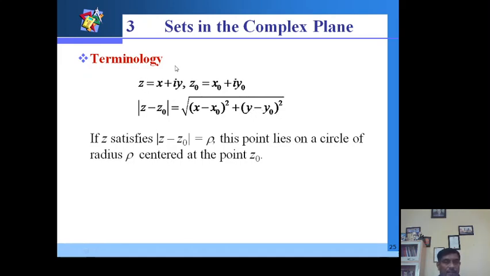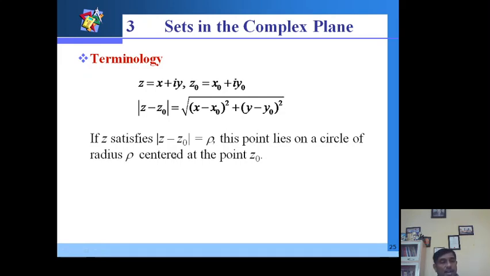You know that for z minus z naught, the real part is subtracted from the real part and the imaginary part from the imaginary. Then the modulus property, mod z is equal to root of x square plus y square. Using that property, we can write this.